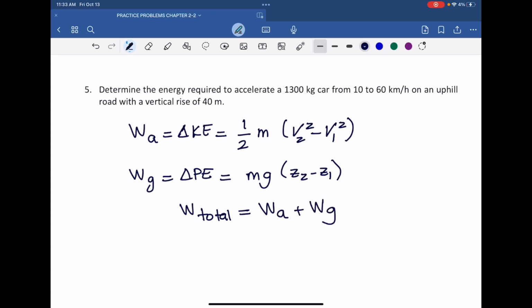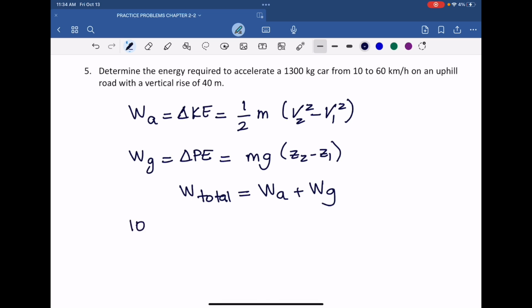Now the units are kilometer per hour. So what I would do is, I don't want to work with those units. I'm going to convert those to meter per second. So we can do it easily. 10 kilometer per hour. 1 hour is 3600 seconds.